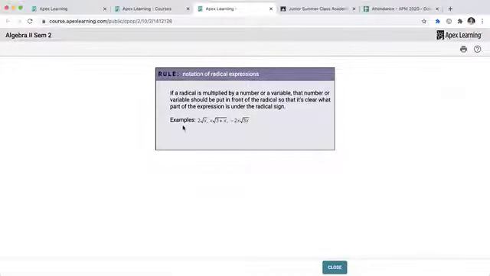An example that might be similar: x square root of 5 and 3x square root of 5. Those are similar.